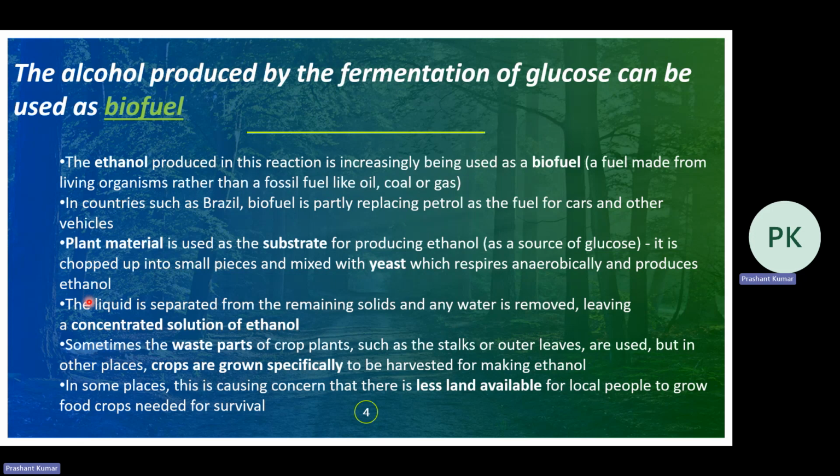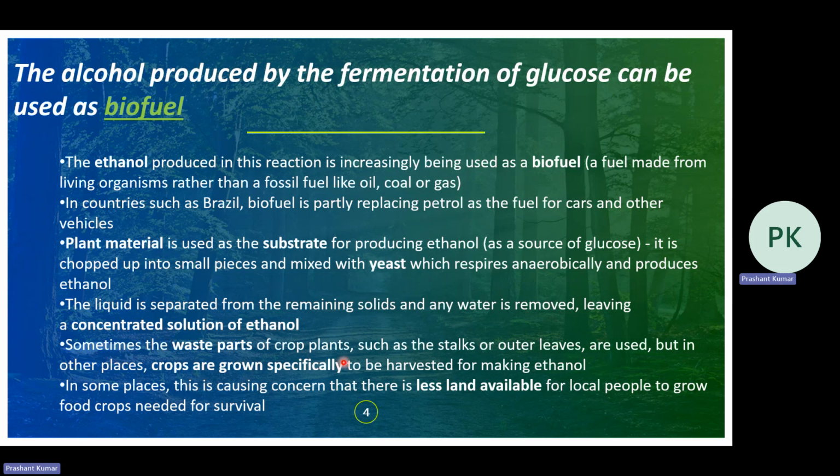And again, you are not going to get only alcohol. We need to purify it, because you're getting a reaction mixture. So the liquid is separated from the remaining solid and other water, and then you have to do some separation technique to extract all the alcohol from the solution.